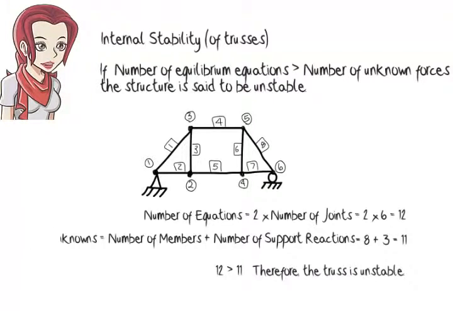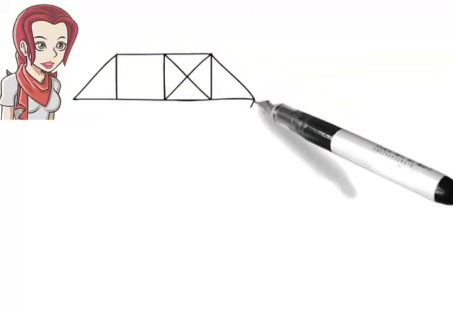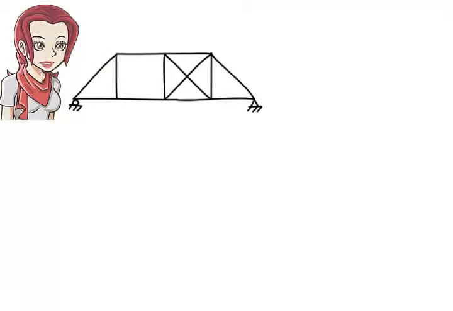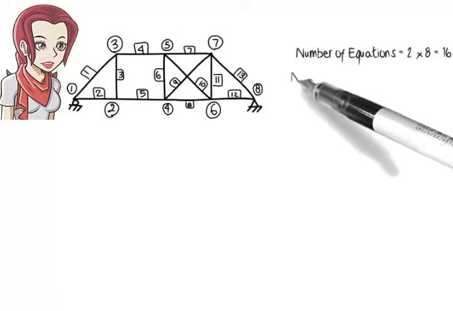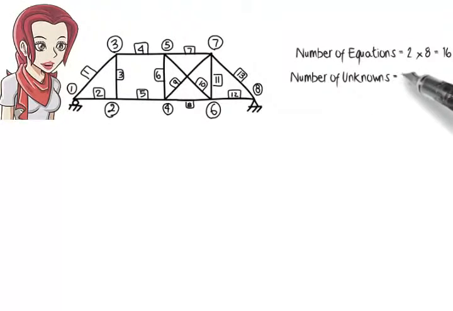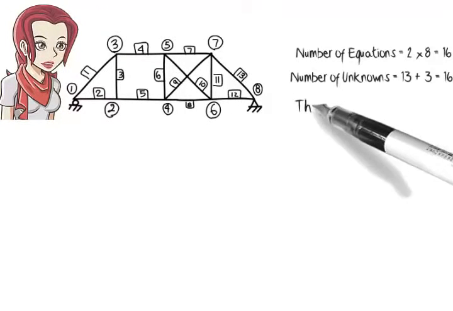For example, consider this structure. The truss has 8 joints and 13 members. Therefore, the number of equations equals 2 times 8, or 16, and the number of unknowns equals 13 plus 3, or 16. Clearly here, the number of equations does not exceed the number of unknowns, yet the structure is unstable.